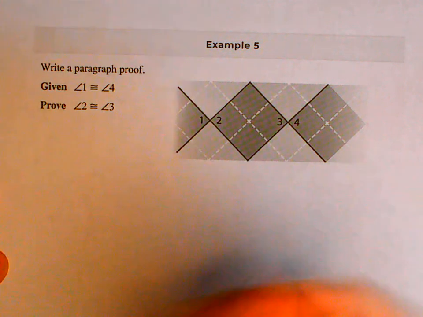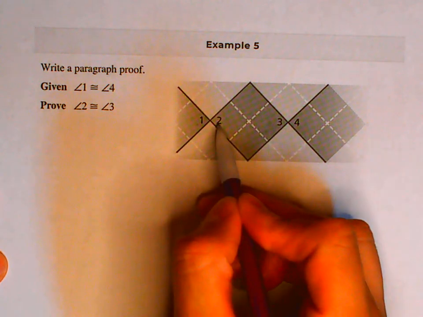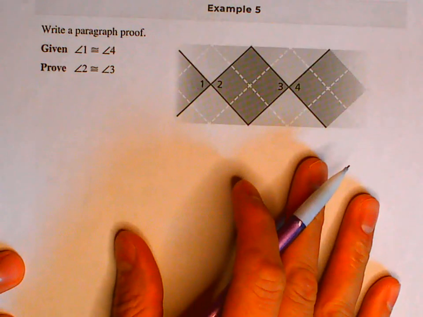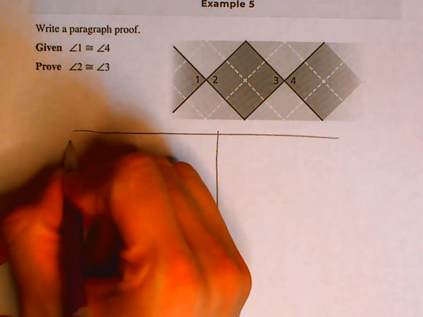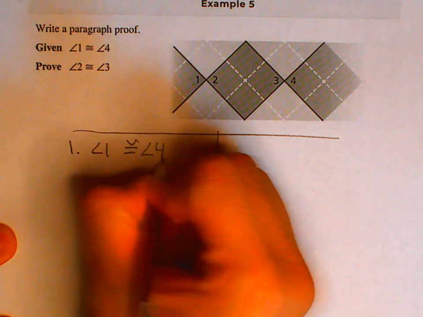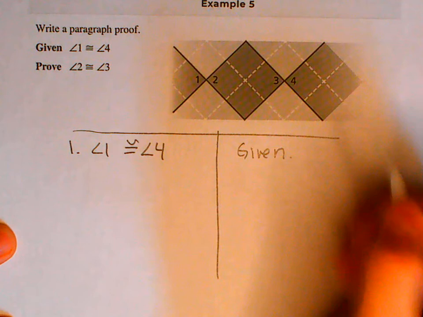What we are given is that angle 1 is congruent to angle 4, and I'm trying to prove that angle 2 and 3 are going to be congruent. So let's set up our two columns. Our first step is angle 1 is congruent to angle 4. That in itself is given.